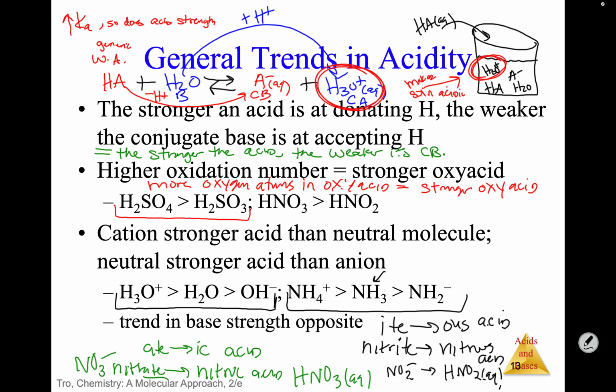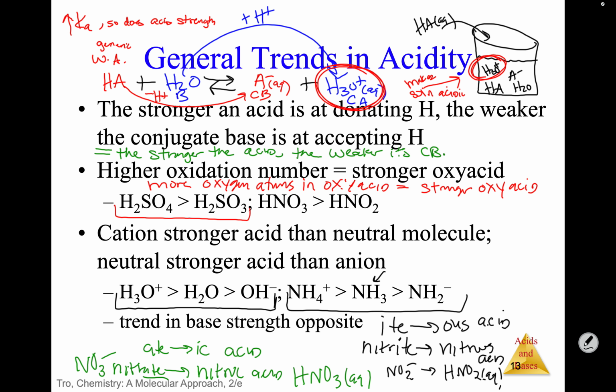Yes? Can you please explain how H3O plus is more than H2O? I don't get that the trend in base strength is opposite. Okay, so the question is what it means that the trend in base strength is opposite. The cation is a stronger acid than the neutral molecule, and the neutral molecule is a stronger acid than the anion.